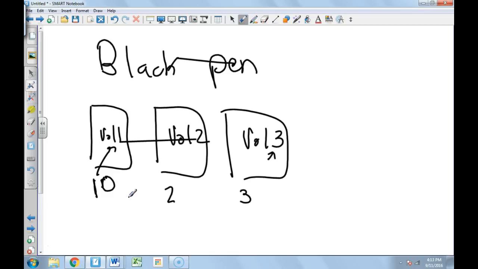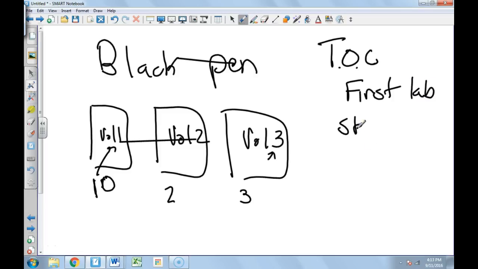And so that's cool. The last thing, maybe there's other things, but the last thing that I can think of right now as I'm speaking is that between the table of contents, TOC, and your first lab entry, you want to skip about 7 to 8 pages.